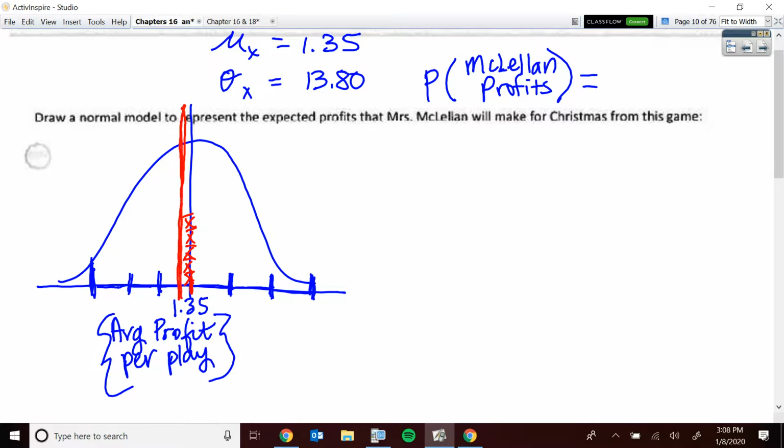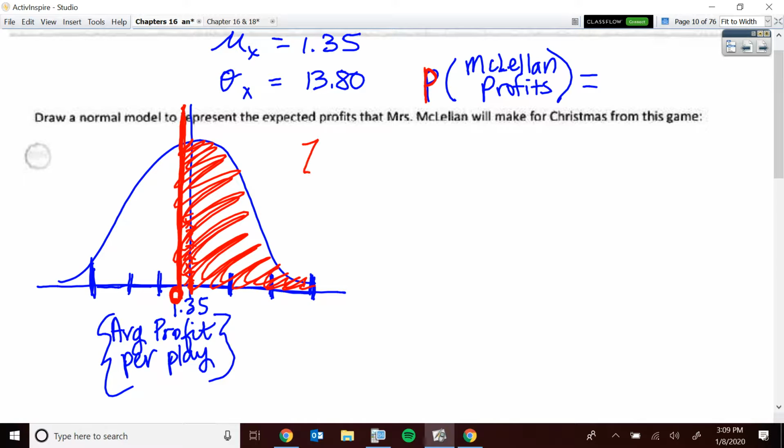When my average is $0 or more, I make a profit. So how do I compute the proportion of days that I average a profit every play? And that is this area here. So I want you to compute this area here.